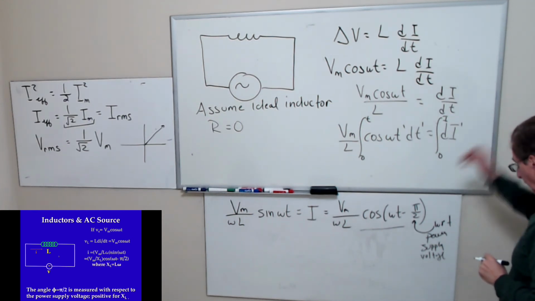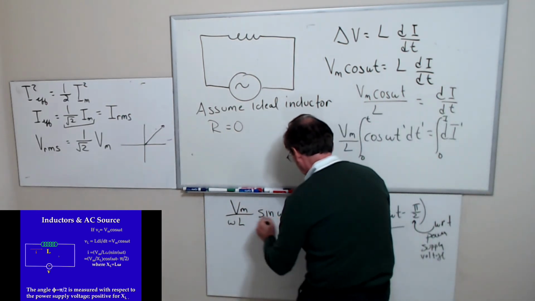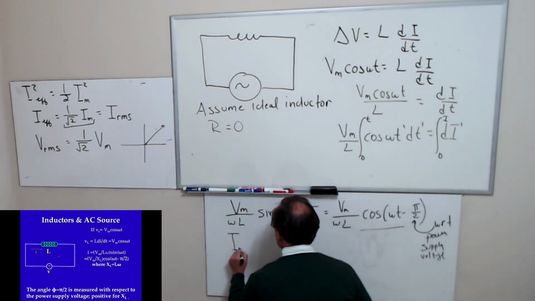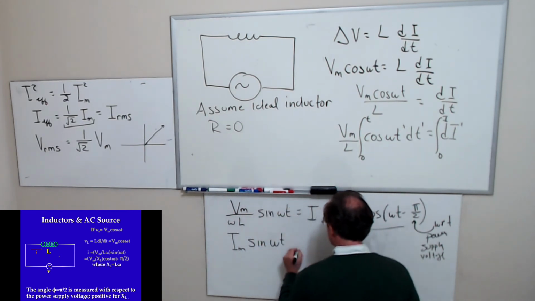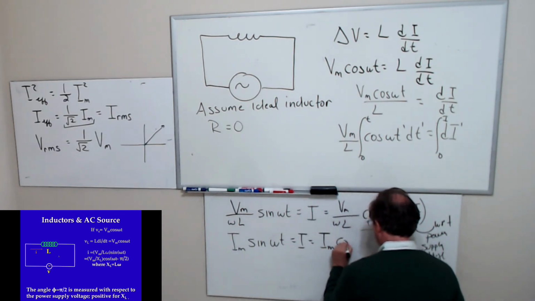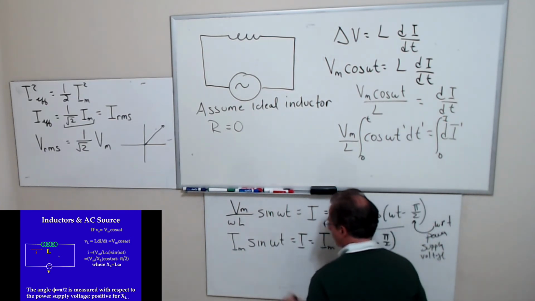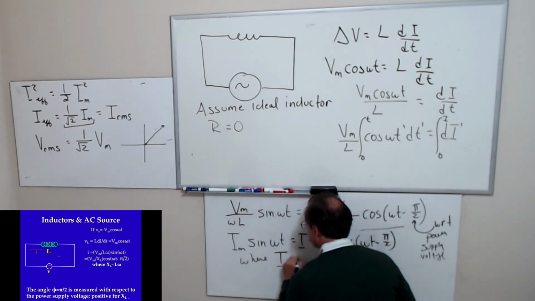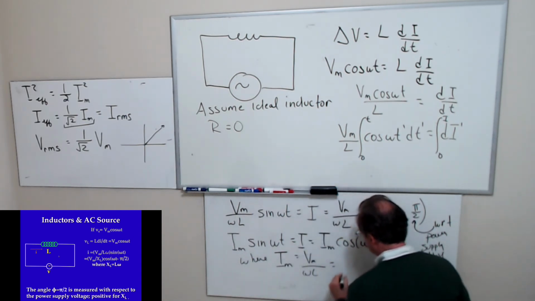Now, before I talk a little bit more about the phase, I can write this current expression like this: I max sine omega t, where I max is the power supply voltage divided by omega L. And we give omega L a special name.